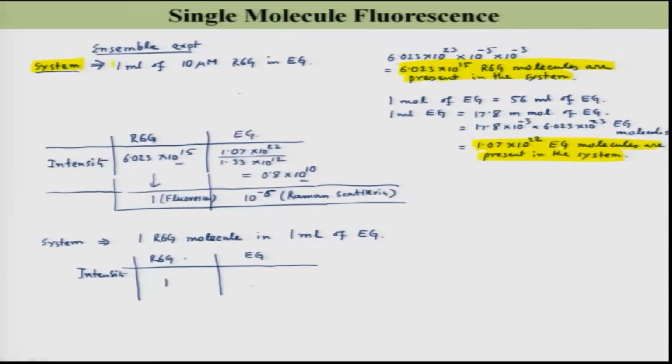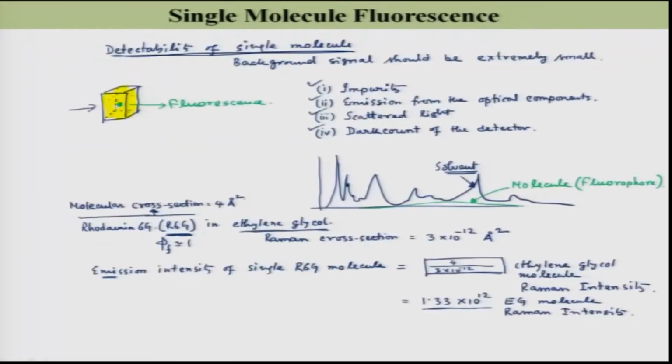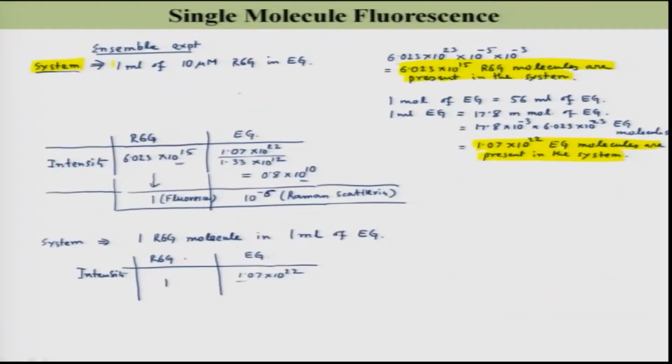So in this case the intensity of this scattering will be 1.07 × 10^22, and this cross section, that number which I have already calculated, for rhodamine 6G is proportional to this much. So I have to divide this with 1.33 × 10^12.